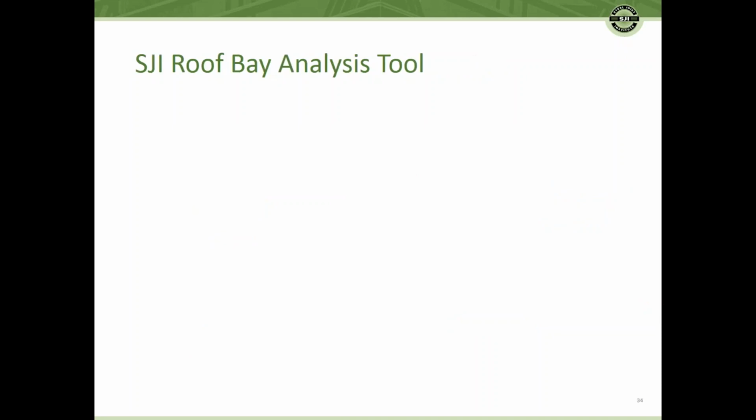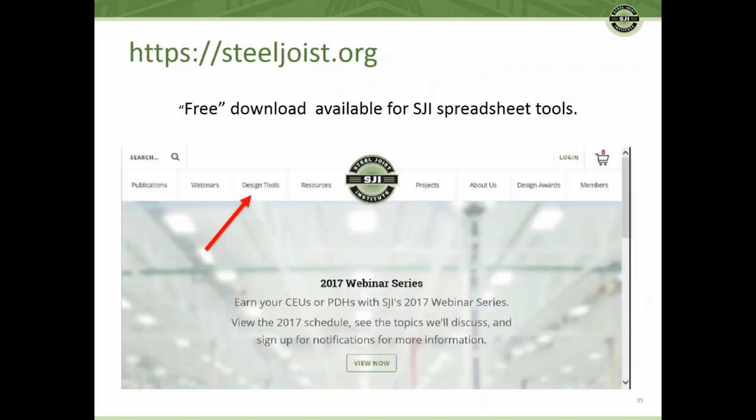Okay, a few words about the analysis tool before Mark gets into it relative to ponding. This tool was actually developed in 2016, and I apologize, the slide shows the 2017 webinar series. The new web site for SJI has the 2018 webinar series, so you can check that out.